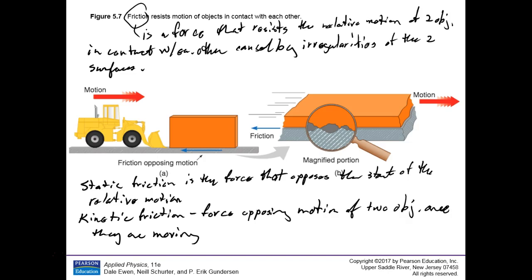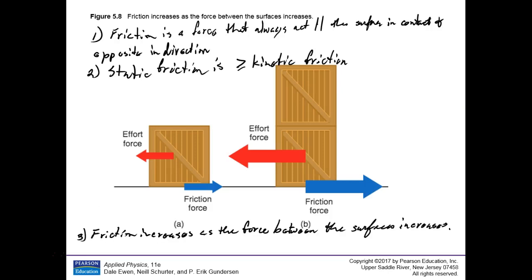What if you put another block on top of this? Now that pushes these down deeper into the crevices, and it's even harder to move. So that's what we mean by what I wrote here, that the friction increases as the force between the surfaces increases.